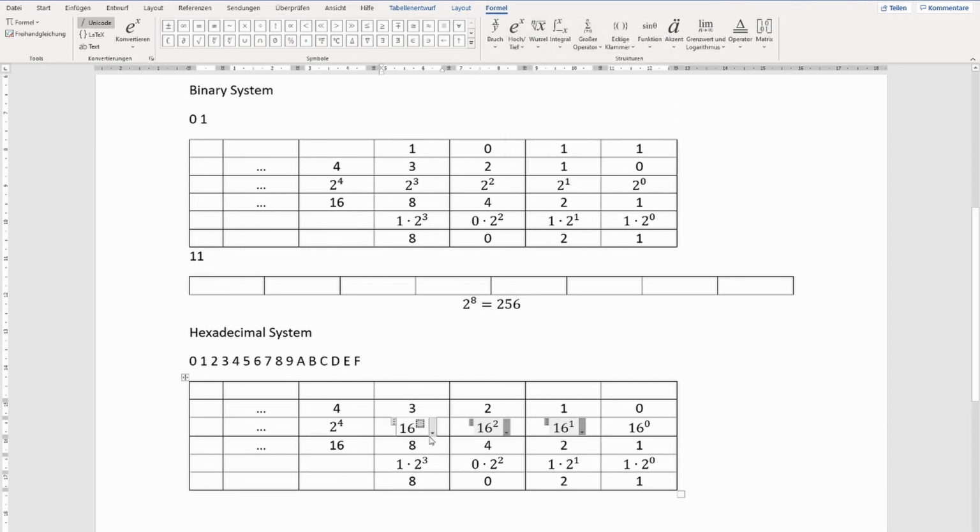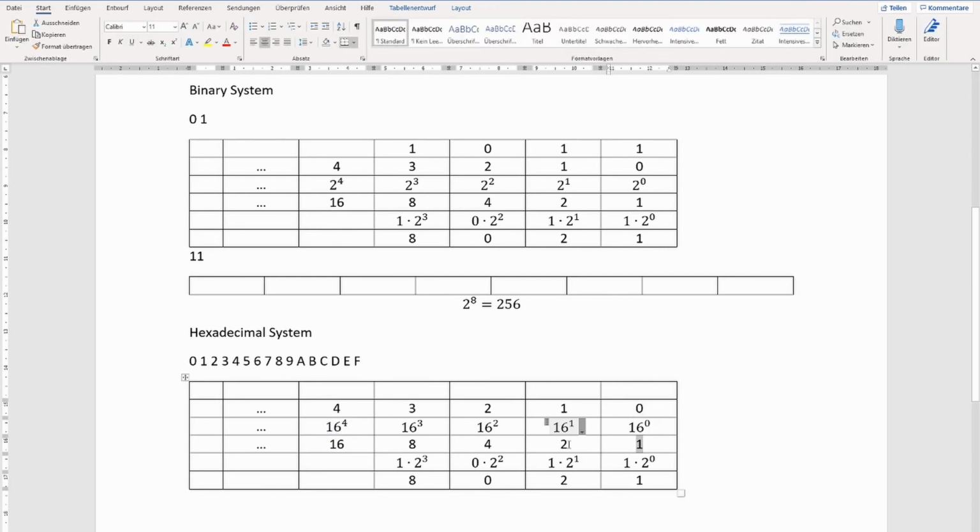Position 0, 1, 2, that's the same. We have 1. Here we have 16. Here 16 squared.